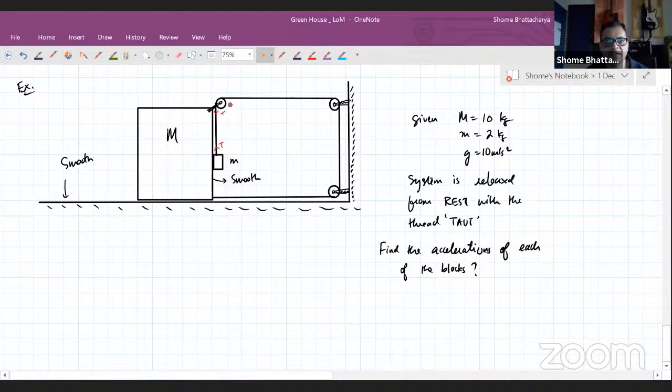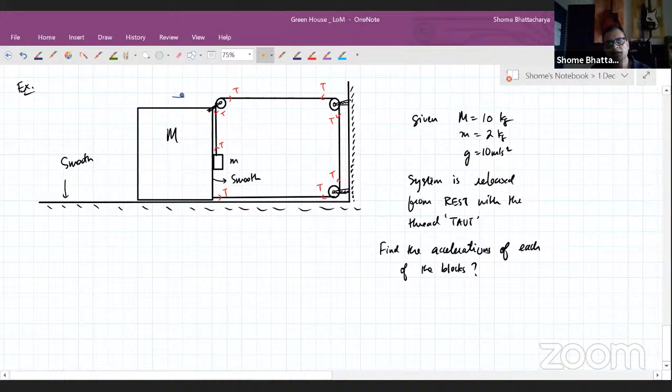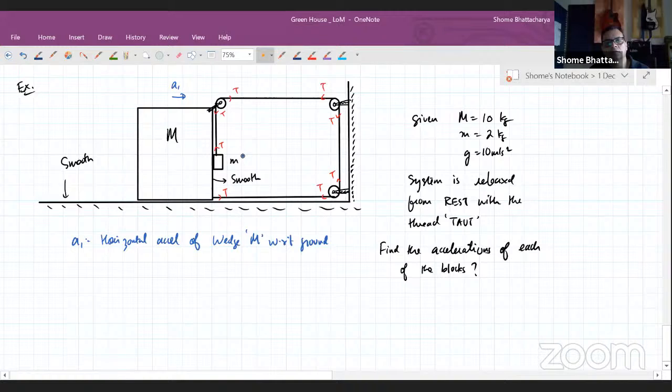So there is a uniform magnitude of tension T acting everywhere in this thread. Okay. So now you'll see that in the ground frame, if this block has a horizontal acceleration of A1, okay, so A1 is the horizontal acceleration of the wedge capital M with respect to ground, and this one has an acceleration A2, but this is relative to the wedge.